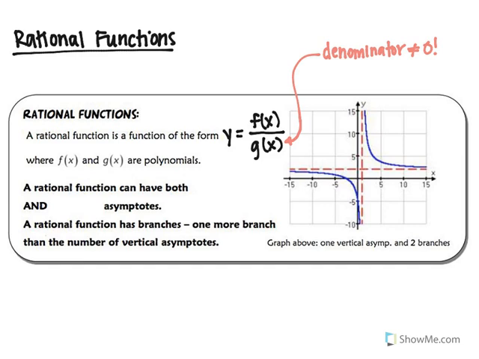So a rational function can have both horizontal, just like an exponential function, and vertical asymptotes. Okay? A rational function has branches. It'll have one more branch than the number of vertical asymptotes it has. So if we look at this drawing on the right, the graph, here are two branches in blue, right?